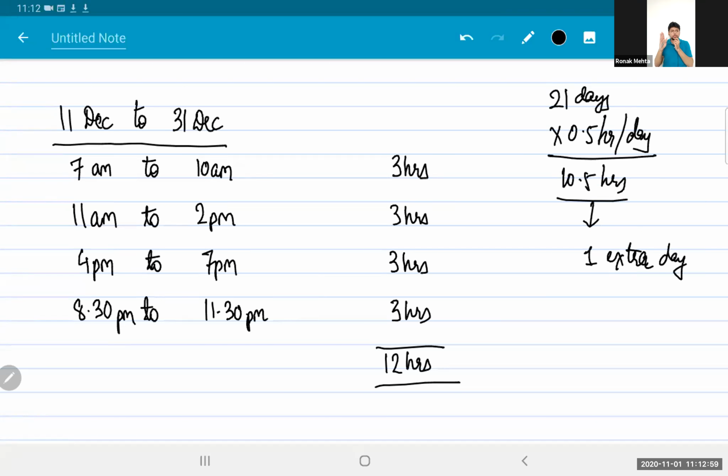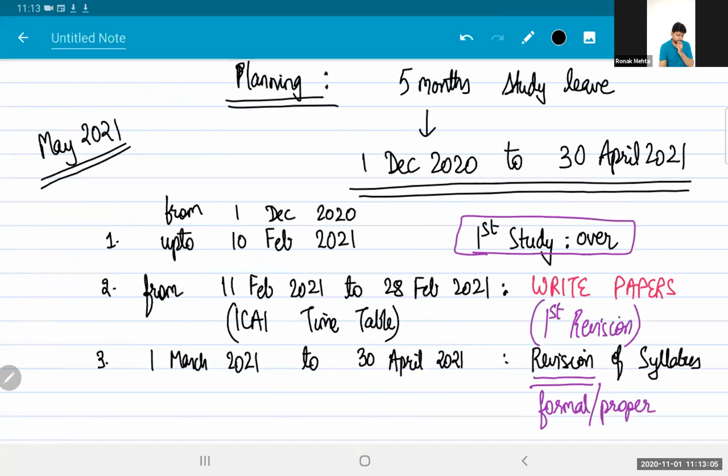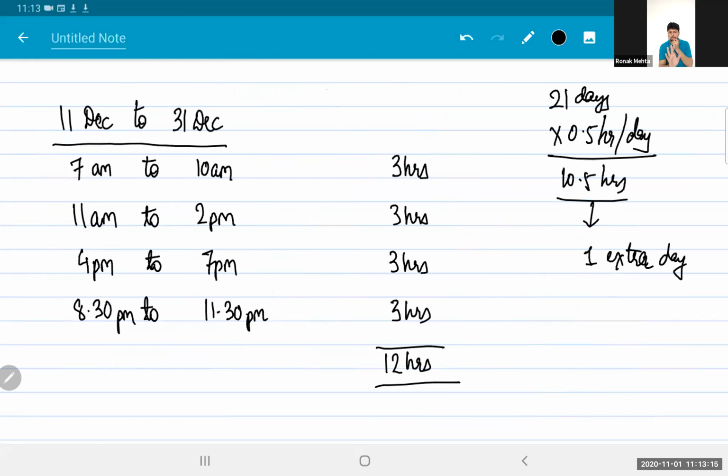Do not go beyond 12 hours or 12.5 hours because while you are in the last 2 months, March and April, you will anyways be slogging for 13 to 14 hours. So up to February, take it up to 12 hours only, a day maximum 12 hours a day.